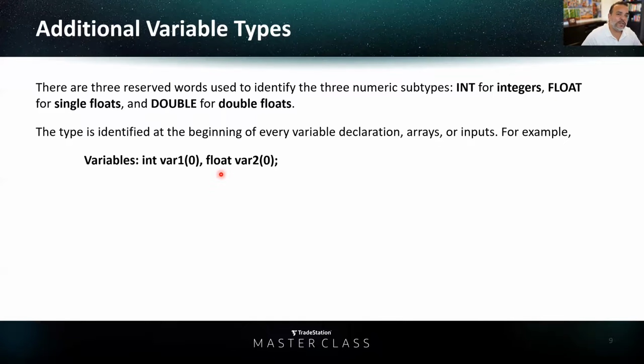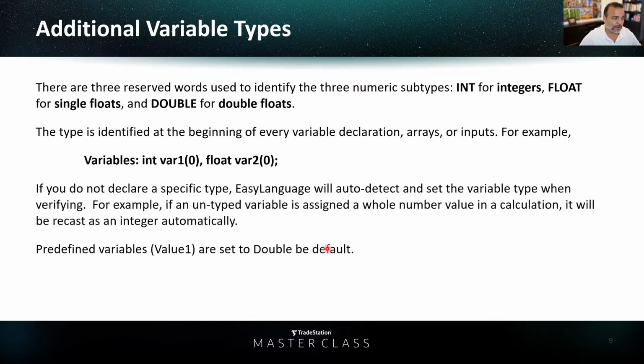And when you get to plot the indicator on a chart or inside of RadarScreen, sometimes it's going to be very telling if you need to specify what type of variable they are. So Easylanguage will auto detect if you don't specify the type of variable. All right. Predefined variables are set to double so that we have that extra precision.